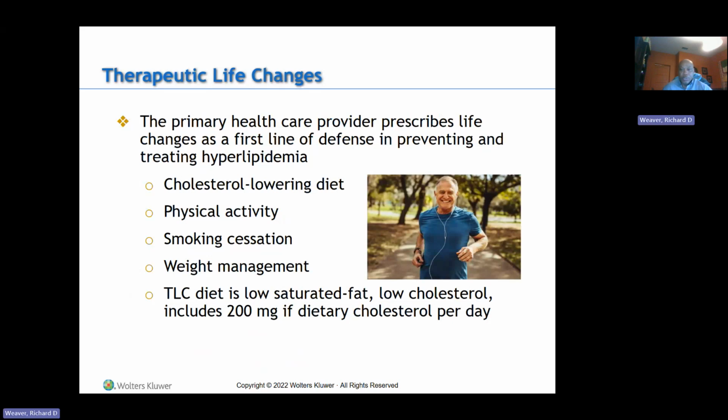Now, the TLCs, or the therapeutic life change plan, are continued along with the drug regimen. So it's not like you do one versus the other. You have to continue the therapeutic life changes along with the medications, and hopefully you will be able to achieve better control.